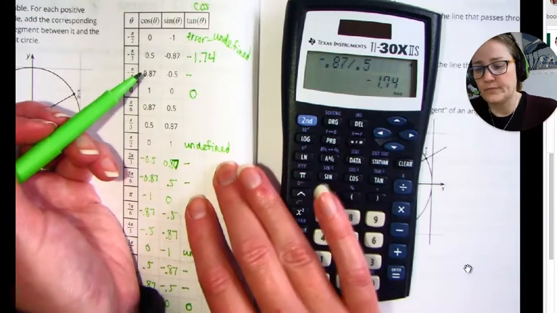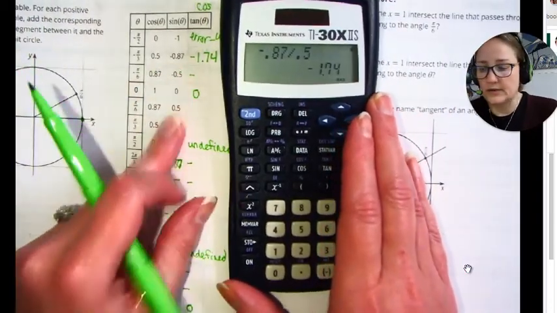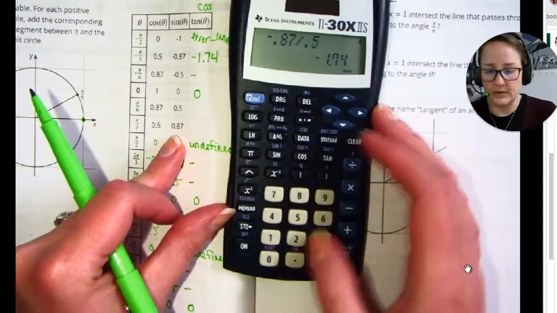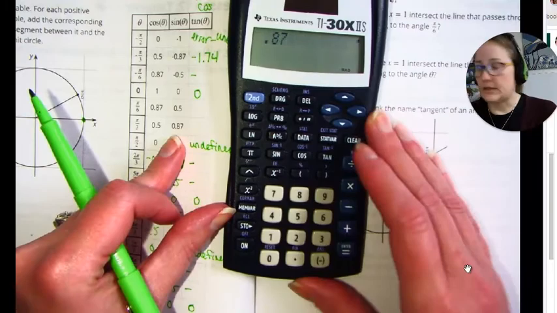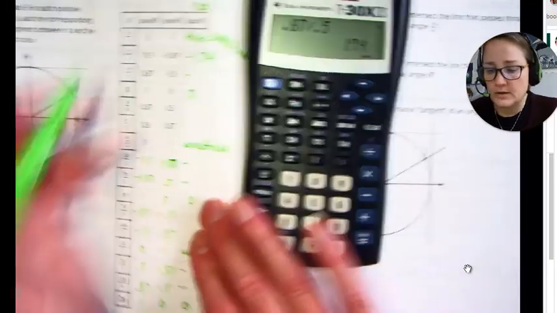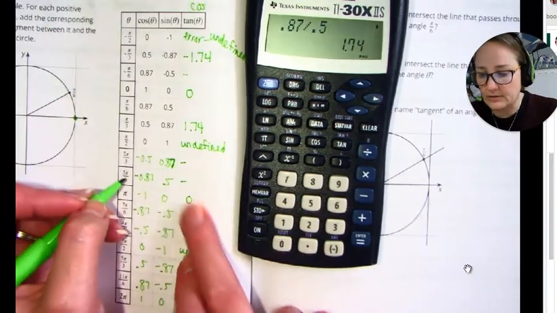Interesting. Okay. I'm going to keep on sticking with these ones where we have like a 0.87 divided by 0.5. Just keeping with that same kind of pattern. Notice how they're all going to be 1.74, and we already put the negative in front.